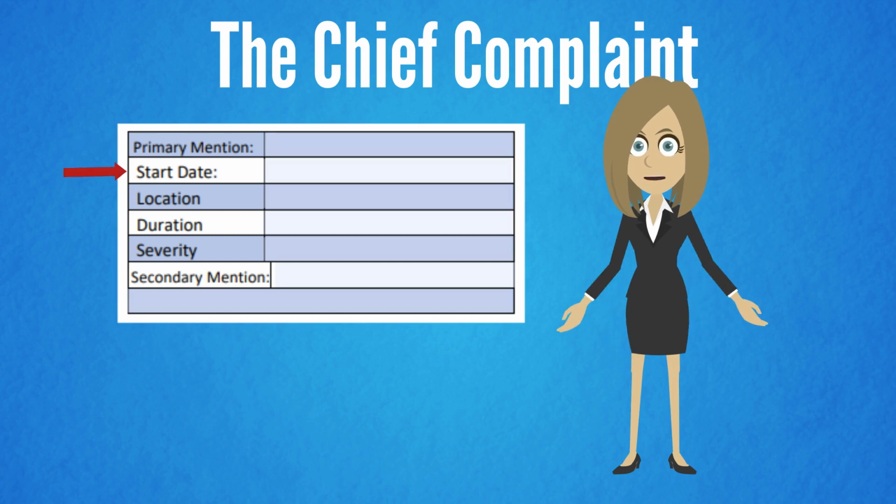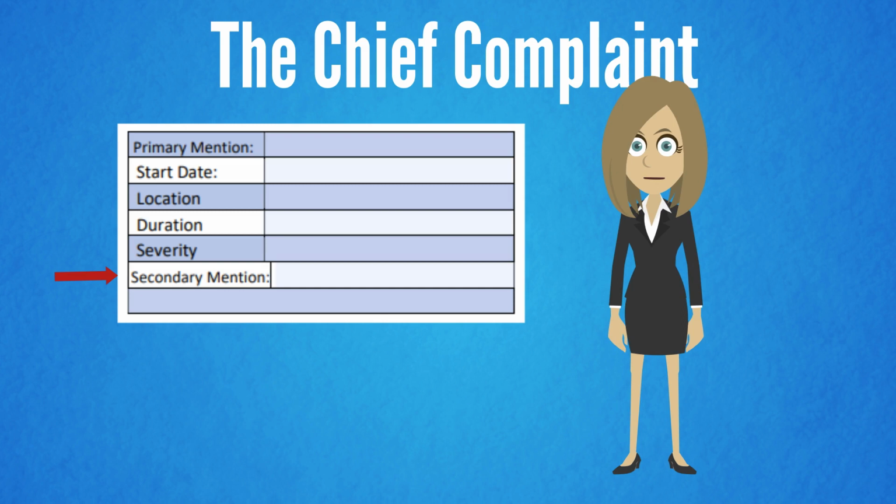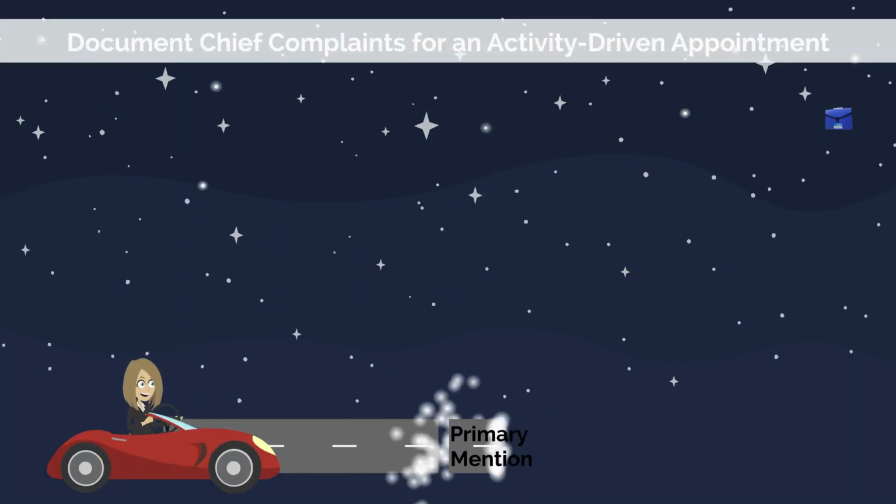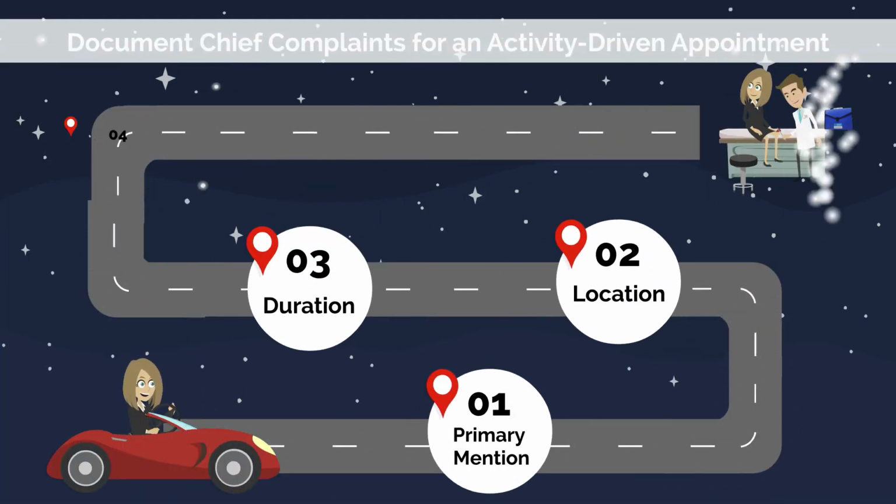Put the date the health occurrence happened, where the health issue is located, the duration of the health issue, in other words, how long did this last, the severity of the health issue, and you can go ahead using a pain scale of 1 to 10, where 1 being the least painful and 10 being the most severe. Lastly, put the secondary mention, which is a possible trigger to the primary mention. And there you have it. That's how to create a chief complaint.